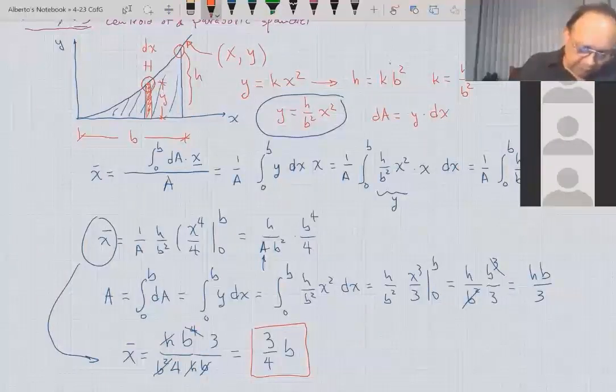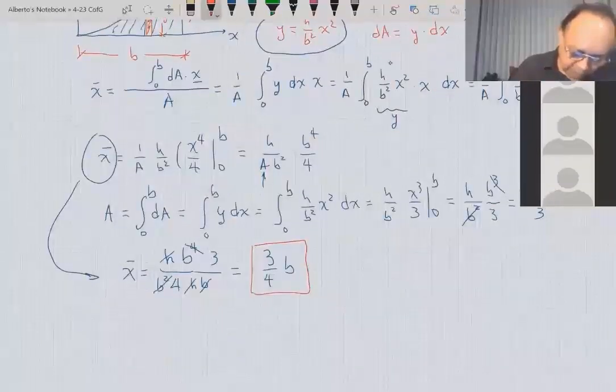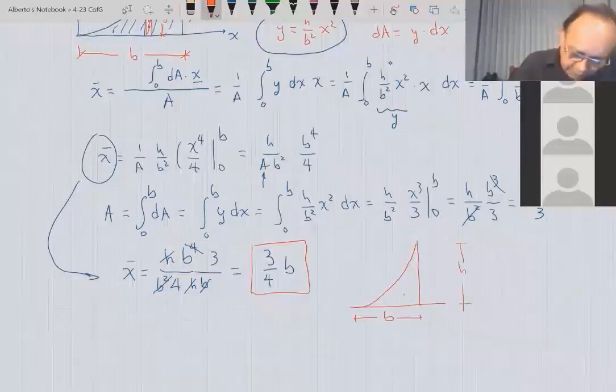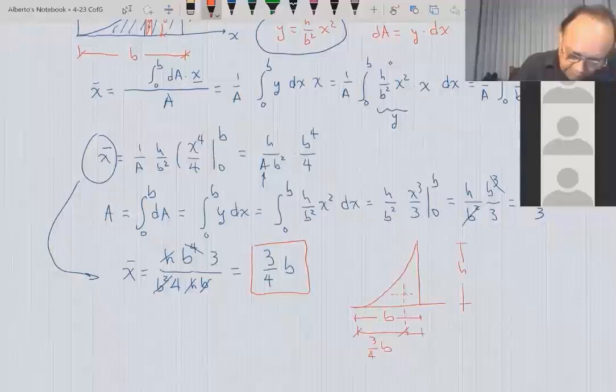Let me put it here. Our sector of parabola is like this, where this has dimension b here, this has dimension h here. The centroid location is over here somewhere, and this distance is 3/4 of b. Therefore, this is 1/4 of b.